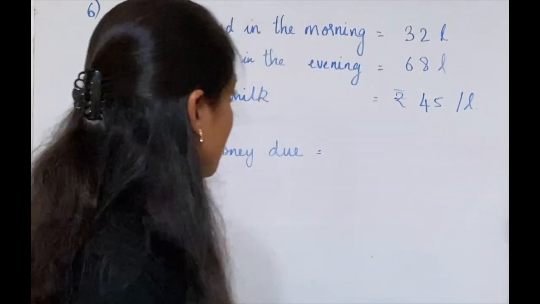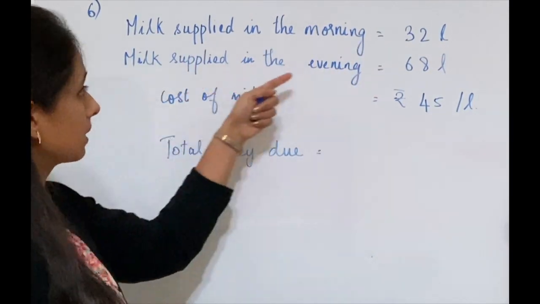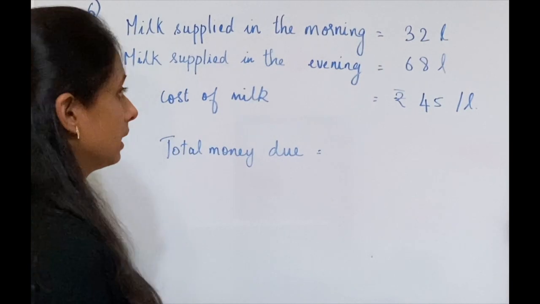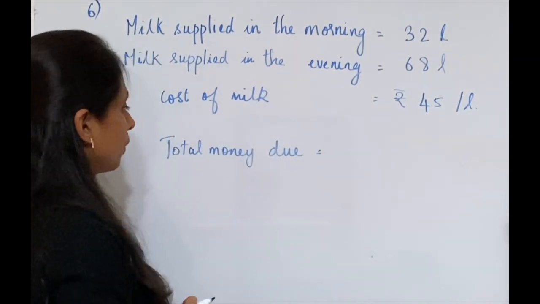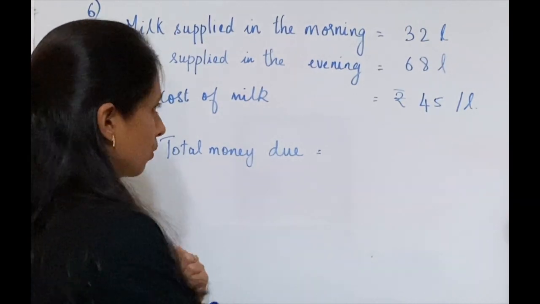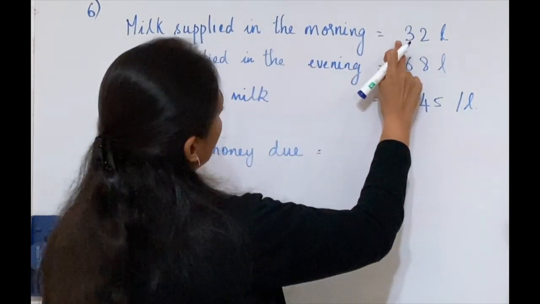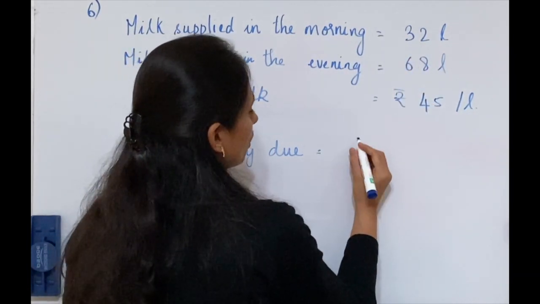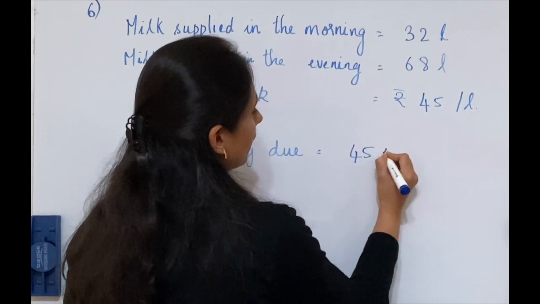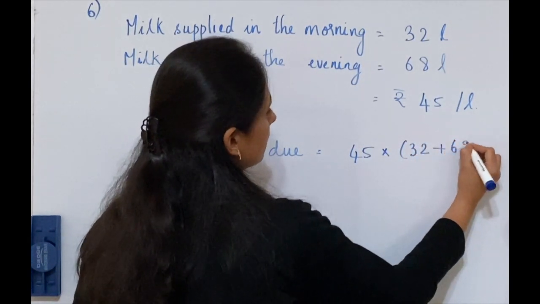Okay, I've written the steps already. Milk supplied in the morning is 32 liters. Milk supplied in the evening is 68 liters. Cost of milk is rupees 45 per liter. So what is the total amount due? Totally he is supplying 32 plus 68. So what should we do? 45 into 32 plus 68.